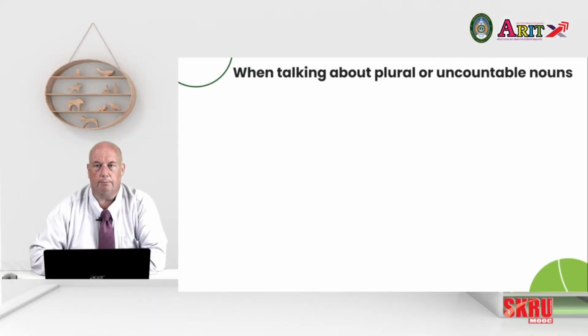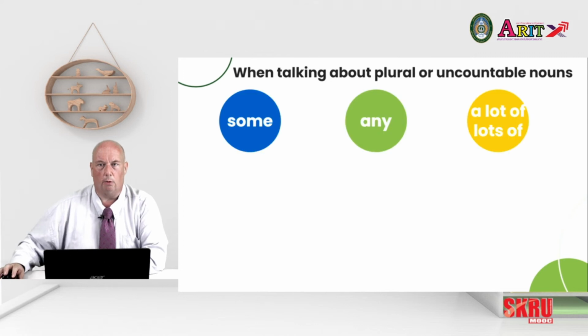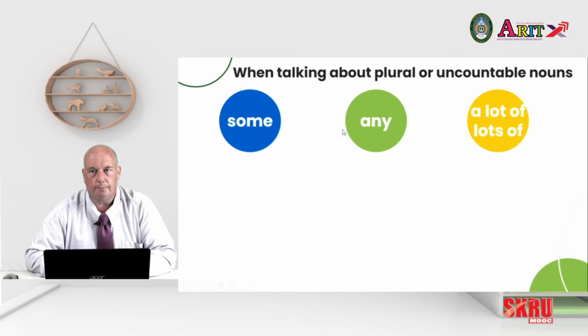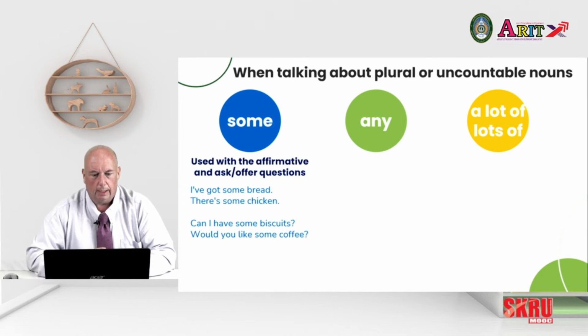When we talk about plural or uncountable nouns, we might use words like some, any, or a lot of, lots of. Some, we tend to use with the affirmative and ask or offer questions.